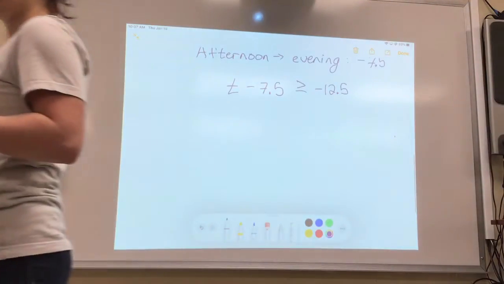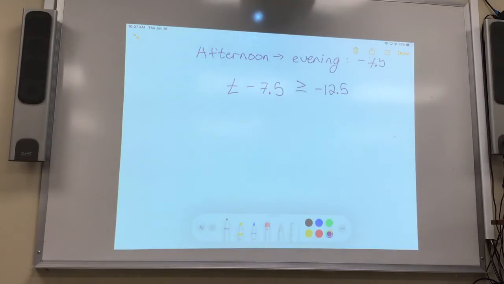Okay, how do I solve it? The really difficult part is getting that written. Now we should know how to solve it from our previous experience. Landon, what do I do? So we start off, we add 7.5 to both sides.